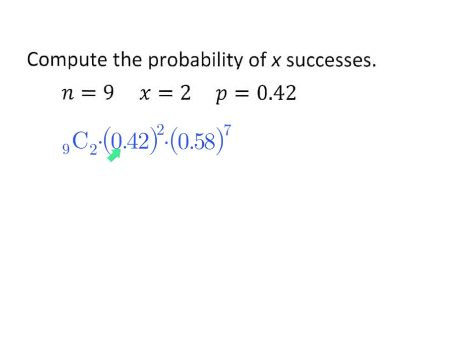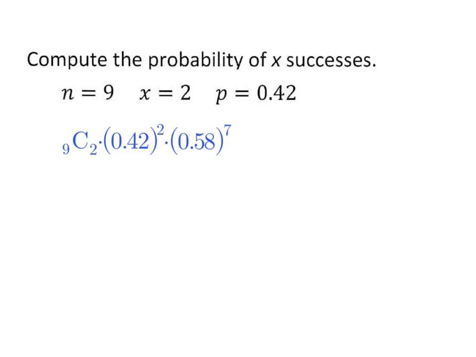Our probability of success, we want to have 2 successes. And in the formula it said n minus x over here. Just know that these two powers have to add up to the total number of trials. Because we have a specified number of successes, therefore there must be a specified number of failures.